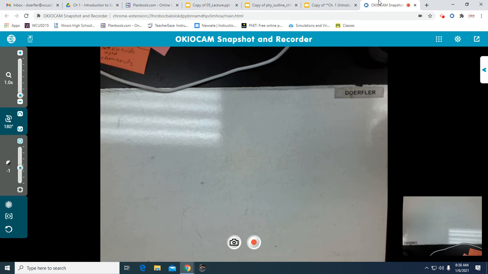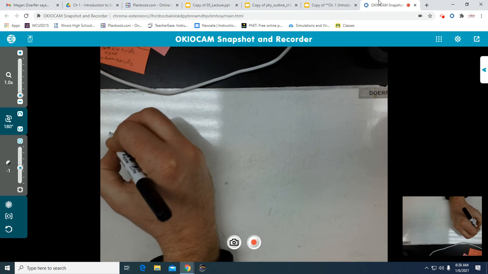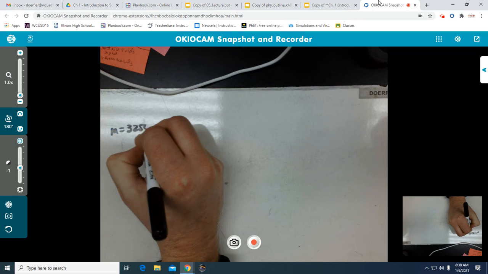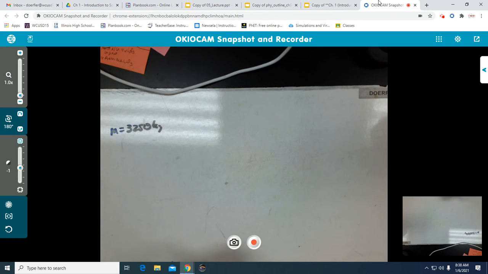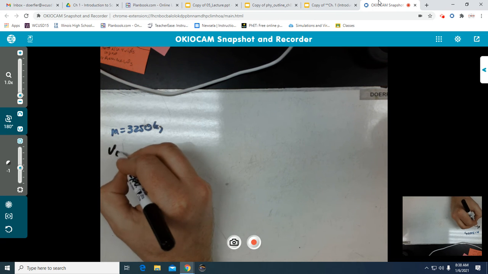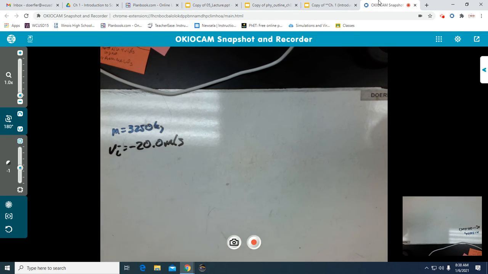Use the impulse momentum theorem. Well again, let's jot down what we know. The new mass we're going to be using is 3,250 kilograms. Again, the initial velocity is negative 20 meters per second because we're going back to the problem that was in our PowerPoint here.